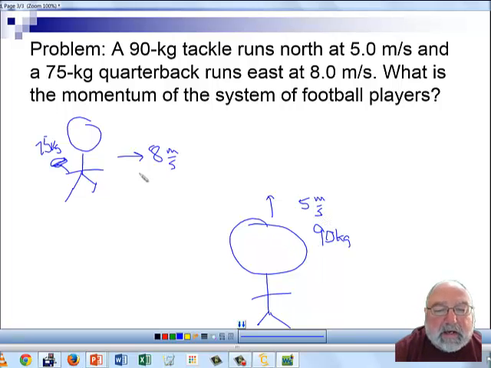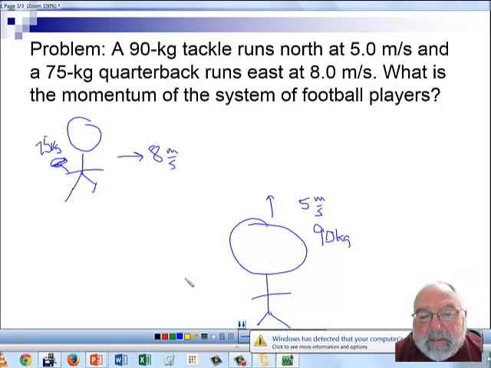We have two particles, and we want to know the momentum of the system. I have to add their two momentums together to get the sum, and I have to deal with it as a vector.